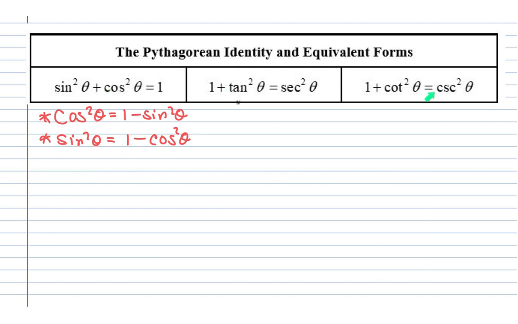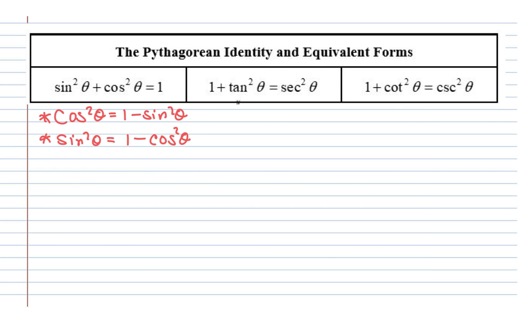And you can do the same thing for these. So each of these Pythagorean identities are equivalent forms, and we could add or subtract these around to manipulate them. And then we could use them to find or simplify or change the ways other identities look, because they're equivalent. You do not need to memorize these.